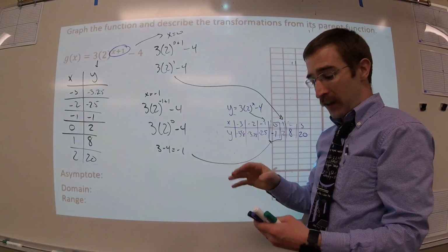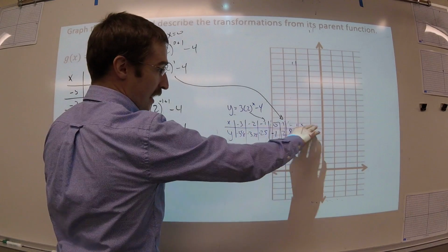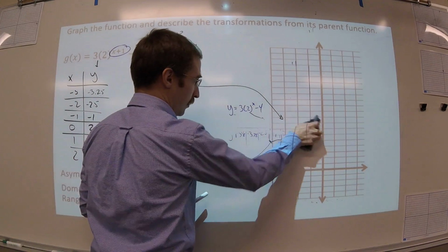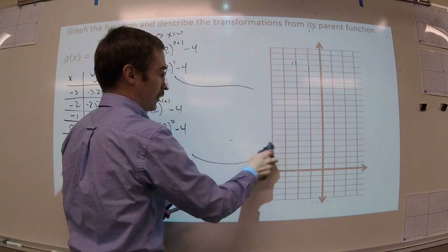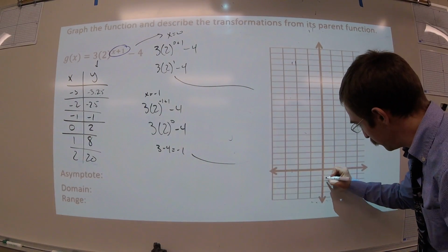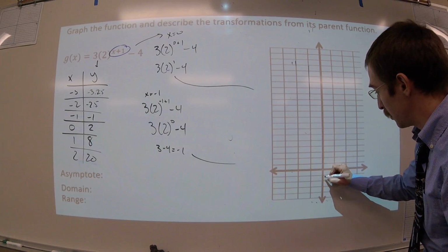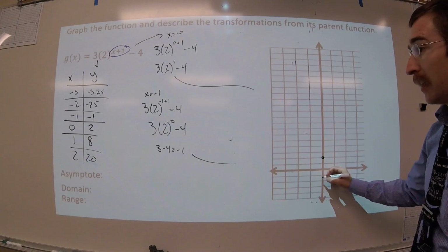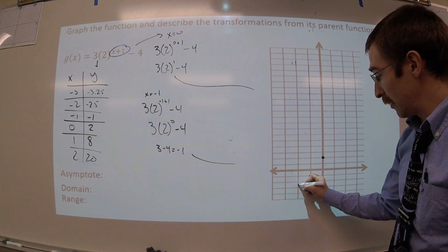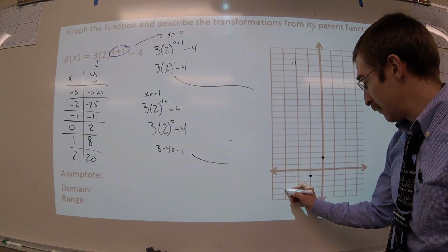So instead of having these x numbers, we now have these x numbers. I'm going to graph it, and then we're going to compare it. We've got 0, 2. And then negative 1, negative 1, negative 2, negative 2.5, negative 3, negative 3.25.